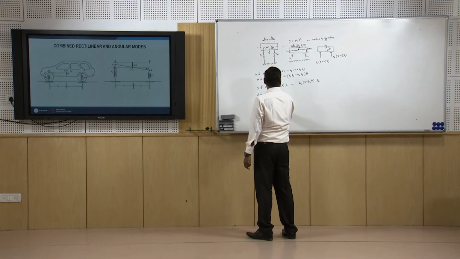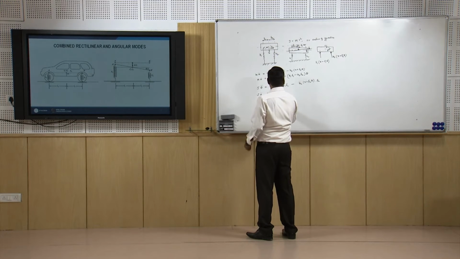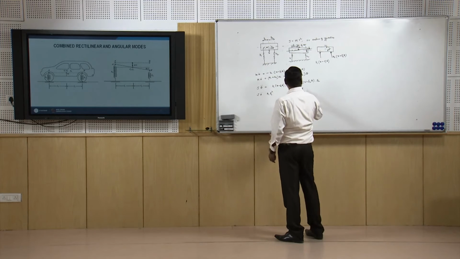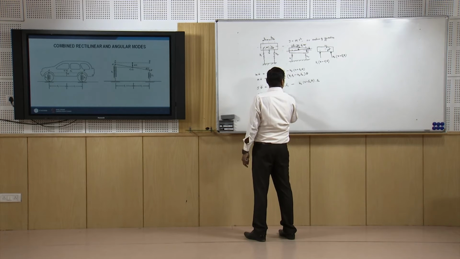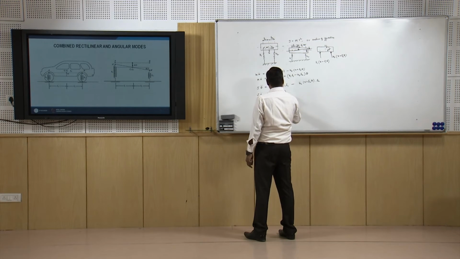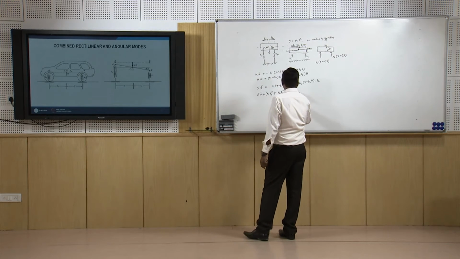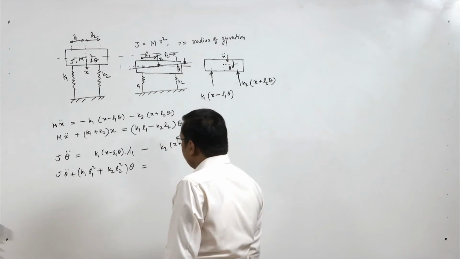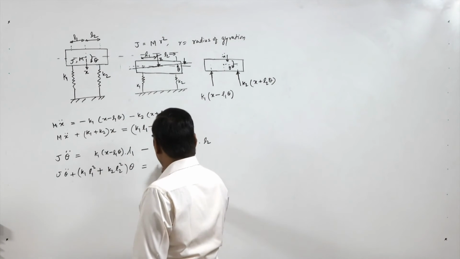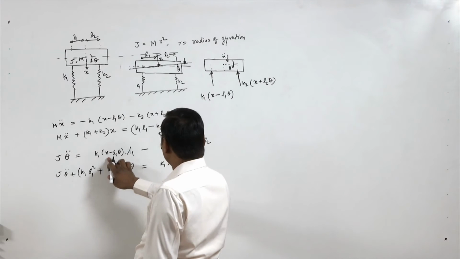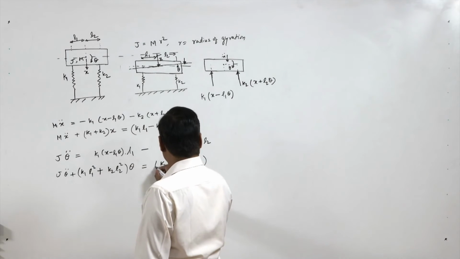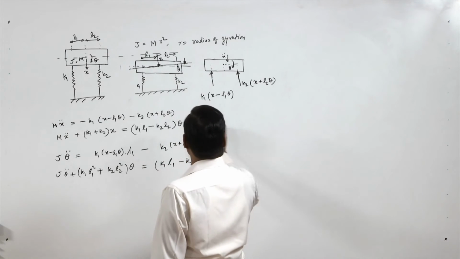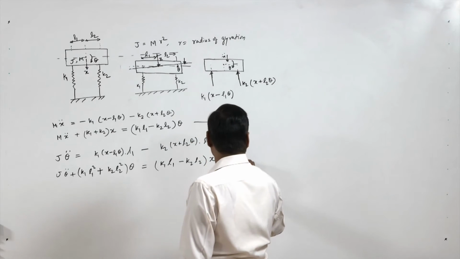So this is k1 L1 square plus k2 L2 square theta equal to k1 L1 x minus k2 L2 x. So this is equation number 1, this is equation number 2.